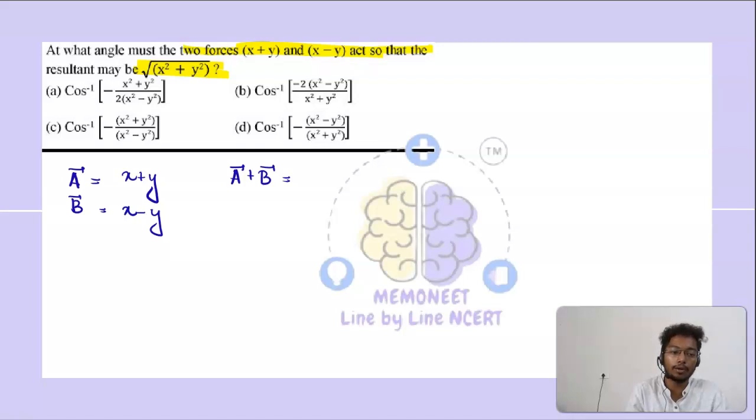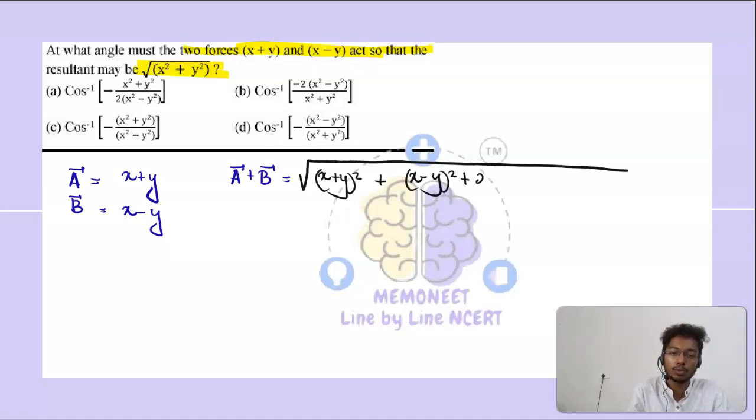we can write that as under root of a square plus b square plus 2ab cos theta. It means (x plus y) square plus (x minus y) square plus 2 into (x plus y) into (x minus y) cos theta.